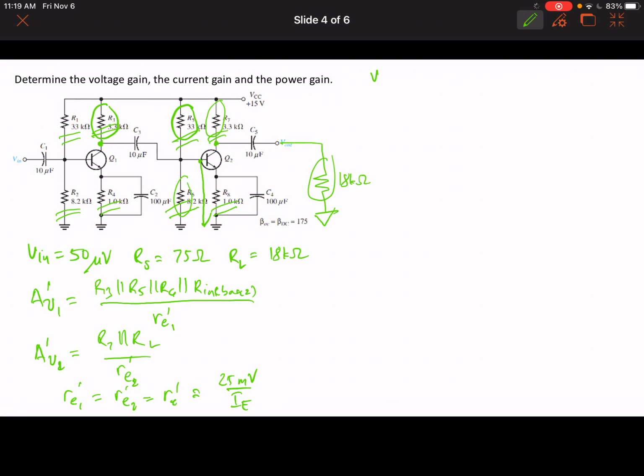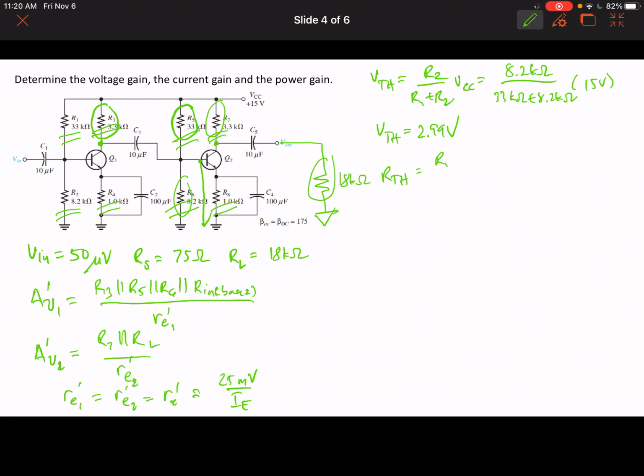So the Thevenin voltage is obtained from this equation, R2 over R1 plus R2 times VCC, equals 8.2 kilo ohms divided by 33 kilo ohms plus 8.2 kilo ohms times VCC of 15 volts. So VTH is 2.99 volts.